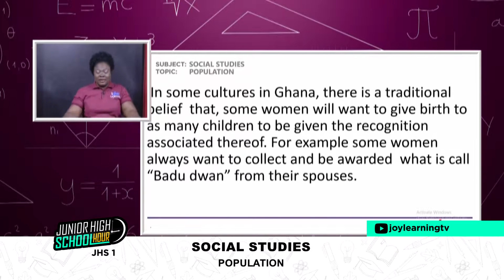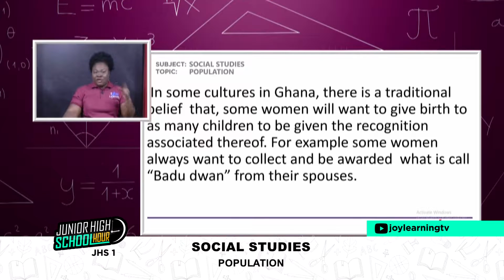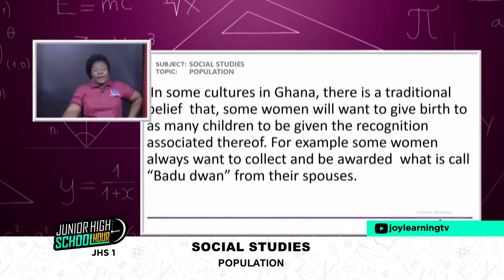In some cultures in Ghana, there's a traditional belief that some women will want to give birth to as many children as possible to be given recognition. Why do we say that? Remember, I told you that I'll be telling you a story. For example, some women always want to be awarded what is called Bedugwan.